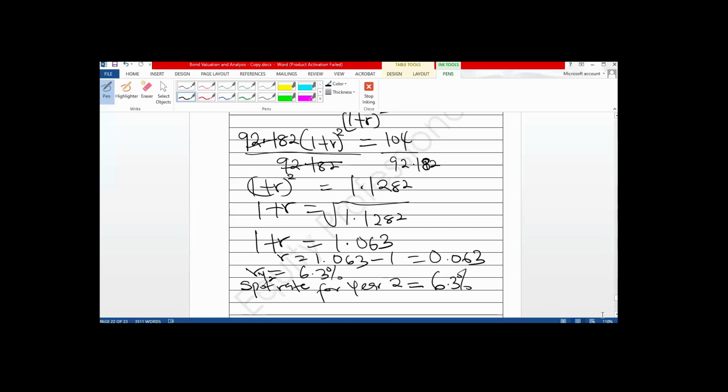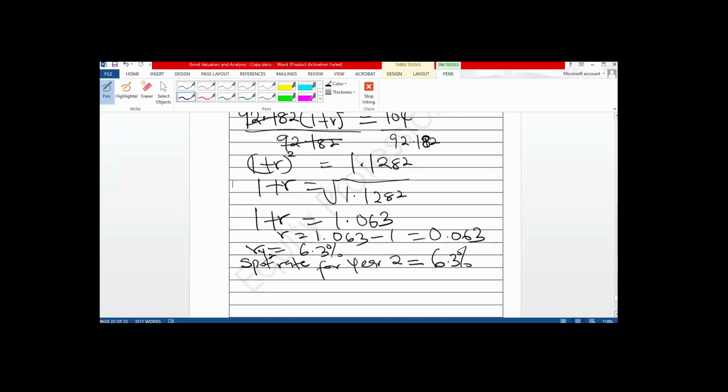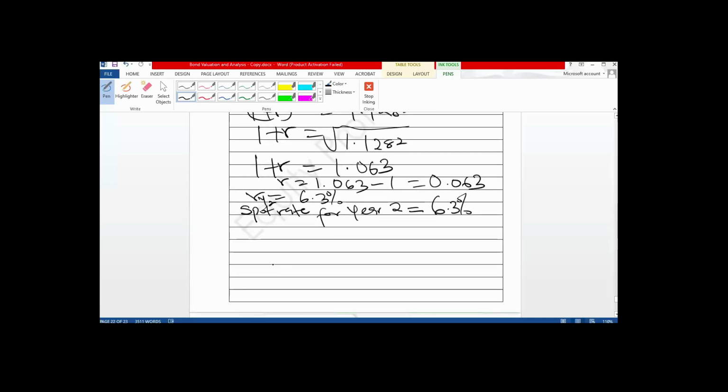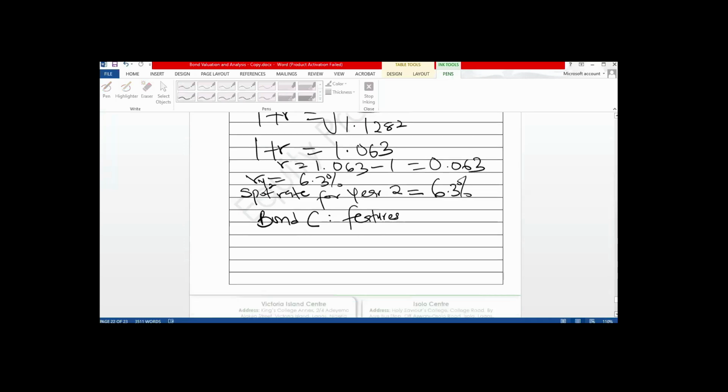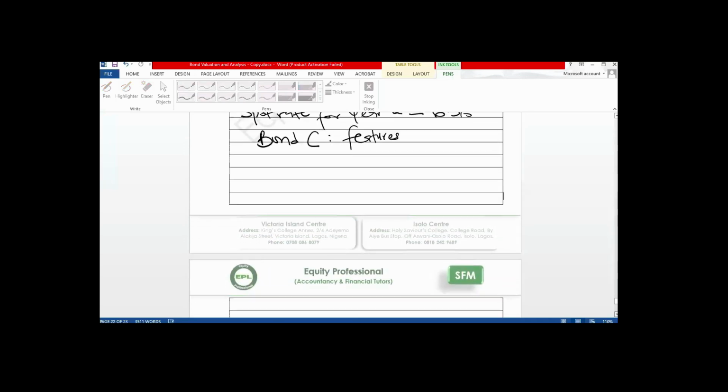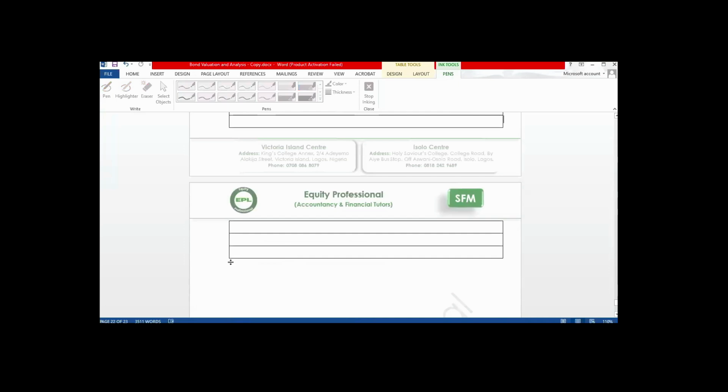Then the last one, the spot rate for year 3. You are going to pick bond C. What you are doing is what we call bootstrapping. Let me create more space.